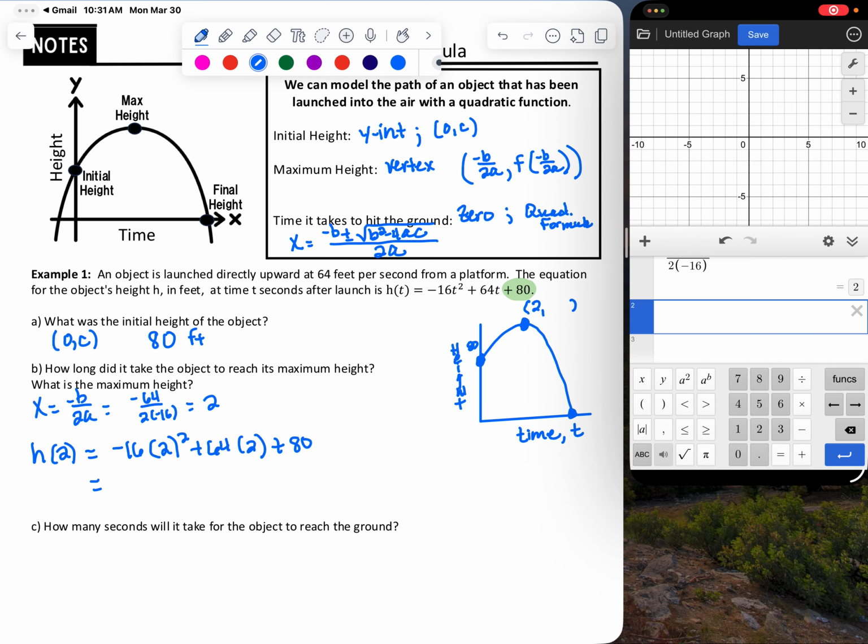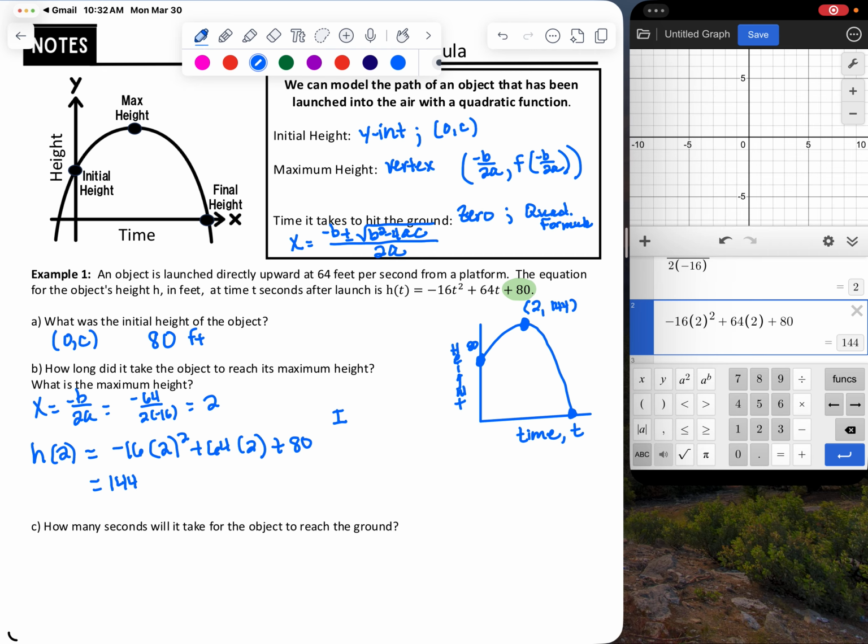Now when I put that in my calculator, we get 144. So what that tells us is when the time is 2 seconds, the height of the object is 144 feet. Now, let's answer the question in a complete sentence. How long did it take to reach the maximum height? What was the maximum height?